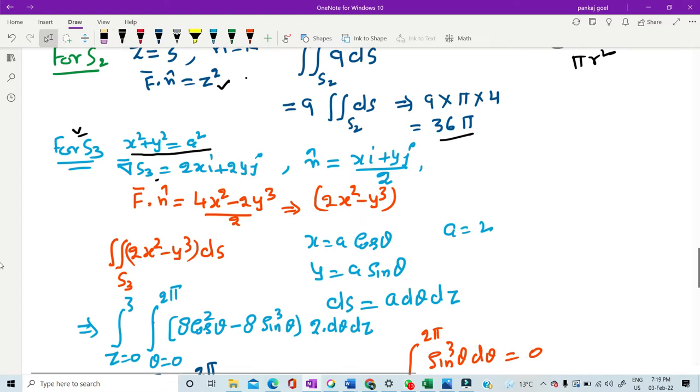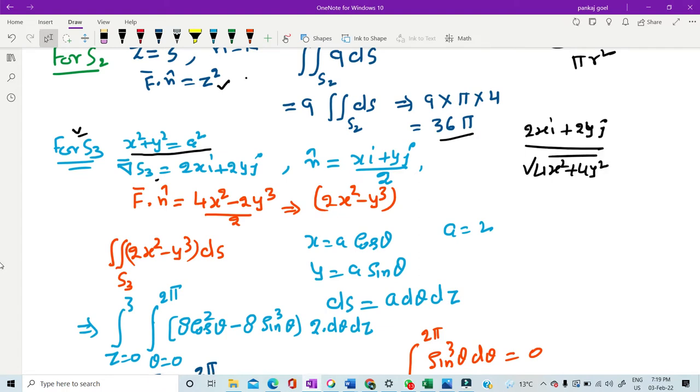And n cap is equal to, if I divide this one, 2x i plus 2y j upon square root of 4x square plus 4y square. Put the value of x square plus y square equal to 4. So we will get 2 outside. So we will get from here (x i plus y j) upon 2. This is the value of n cap.